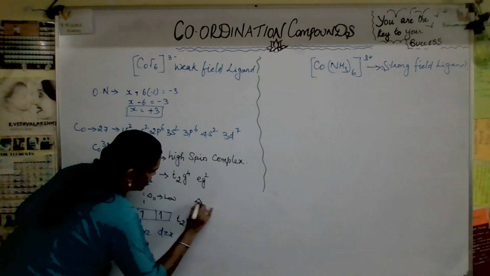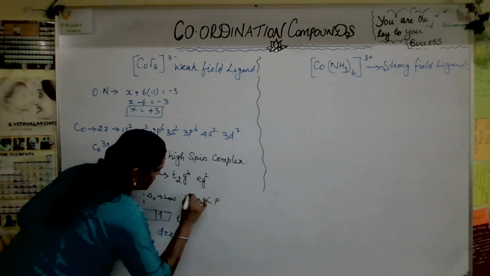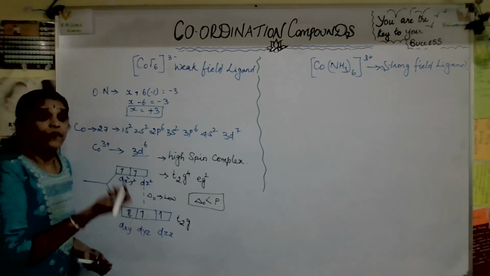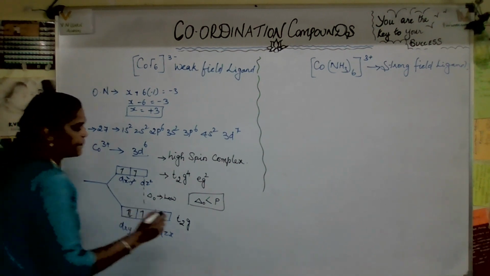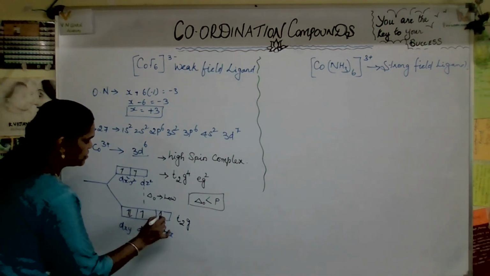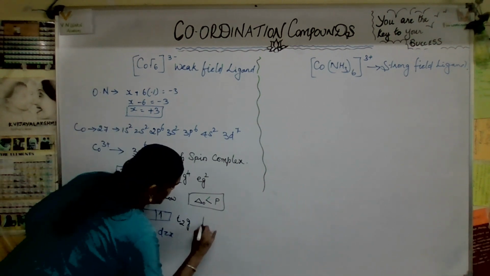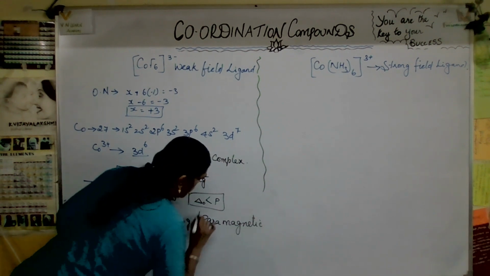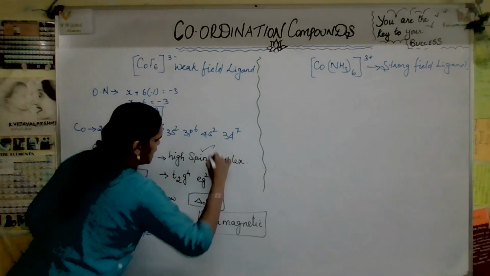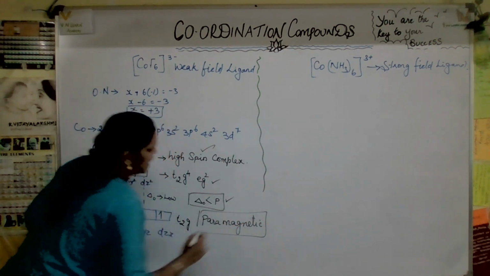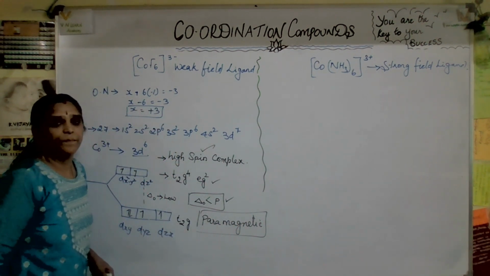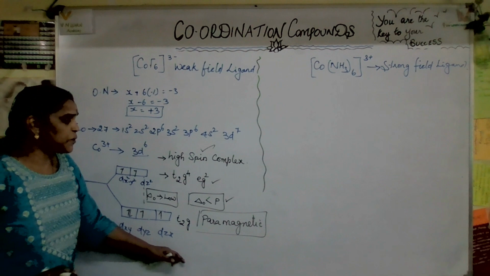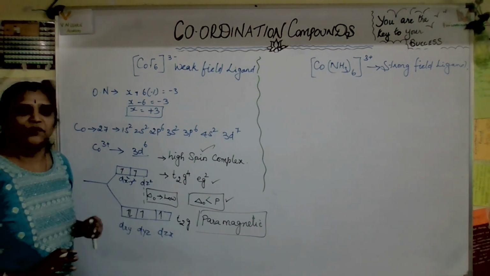So that means delta naught is lesser than P. And for the magnetic property, whether it is paramagnetic or diamagnetic, unpaired electrons are there, so definitely it is paramagnetic. Hope you're clear with this. All these points: high spin, electronic configuration, the level of delta naught and the nature of the magnetic property. And delta naught is very low. We got all those points. Now whether it is high spin or low spin, you will come to know very clearly.